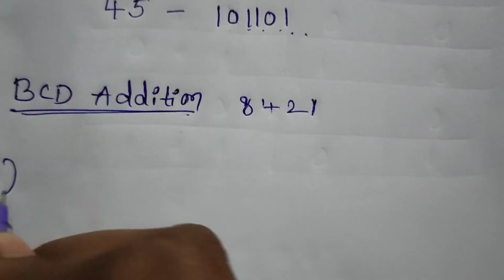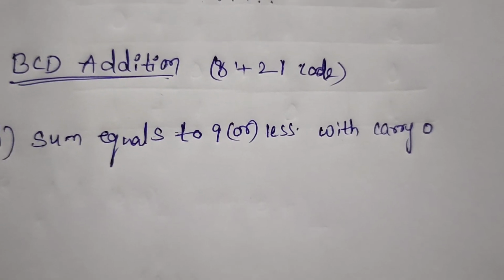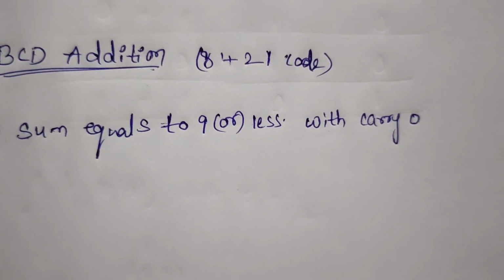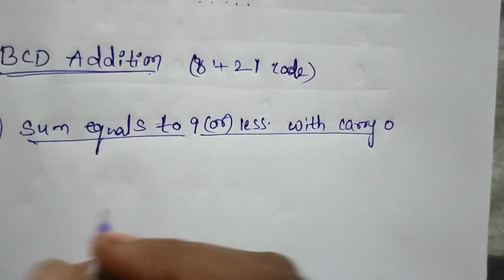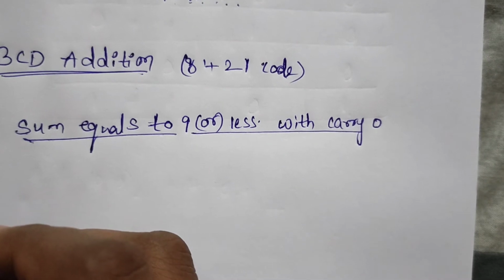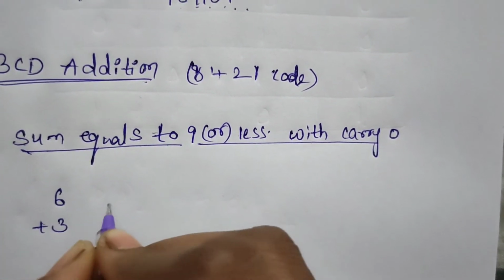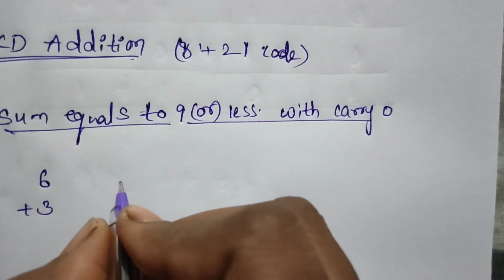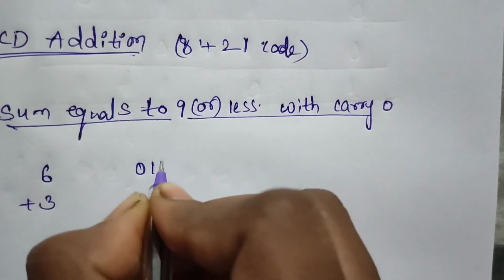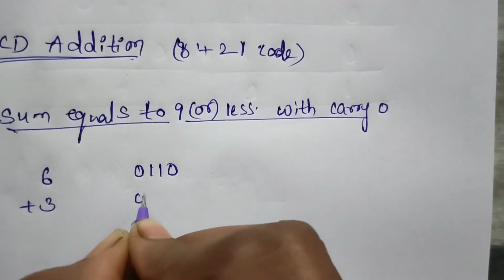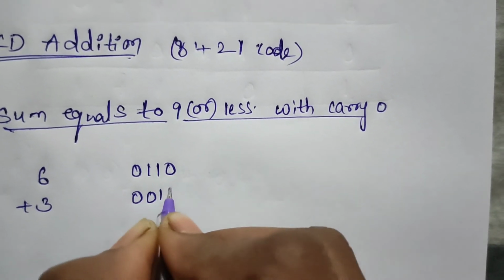The first case is sum equals 9 or less with carry 0. Considering an example, 6 plus 3. The BCD representation of 6 is 0110 and 3 is 0011.